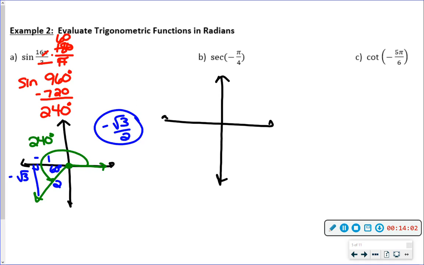Don't let the negative scare you. The negative, remember, just affects which direction you rotate. So since it's negative 45, you're rotating clockwise or down. So you're going to be here, of course, in quadrant 4. Now, when I ask you for the reference angle, am I putting 45 or negative 45? Just 45. The negative just affects your direction.